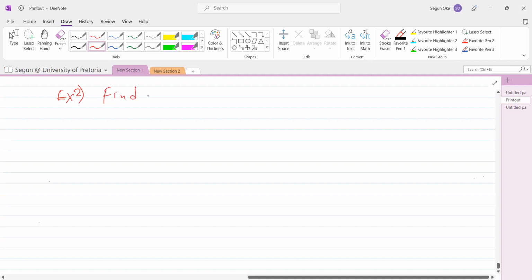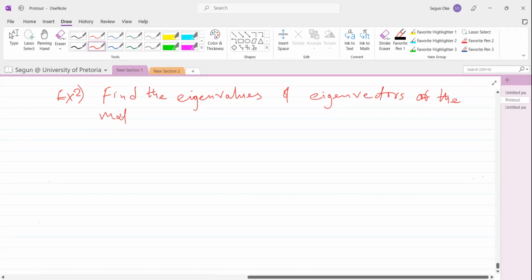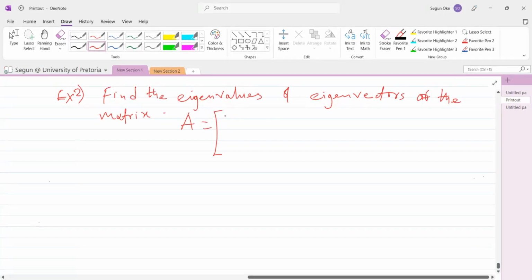The question says, find the eigenvalue and eigenvector of the matrix A, which is equal to, let's do a 2 by 2 first, then we move to 3 by 3. Now, when I have this question, what does it mean?